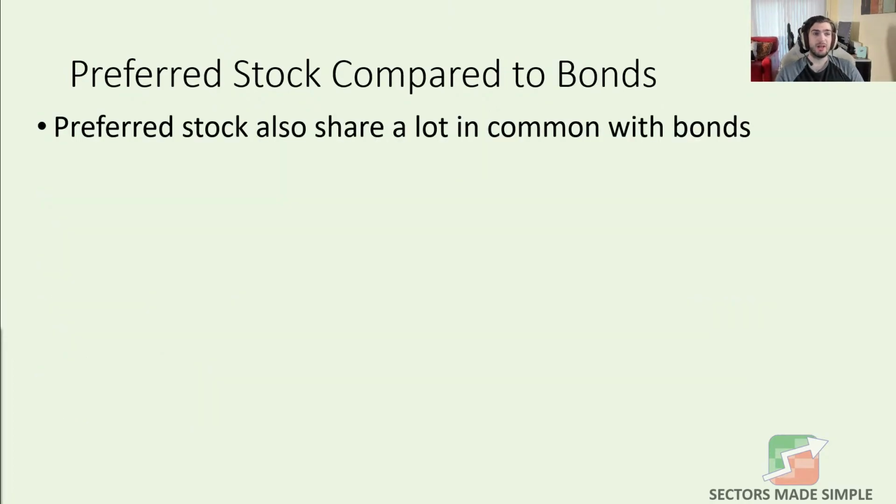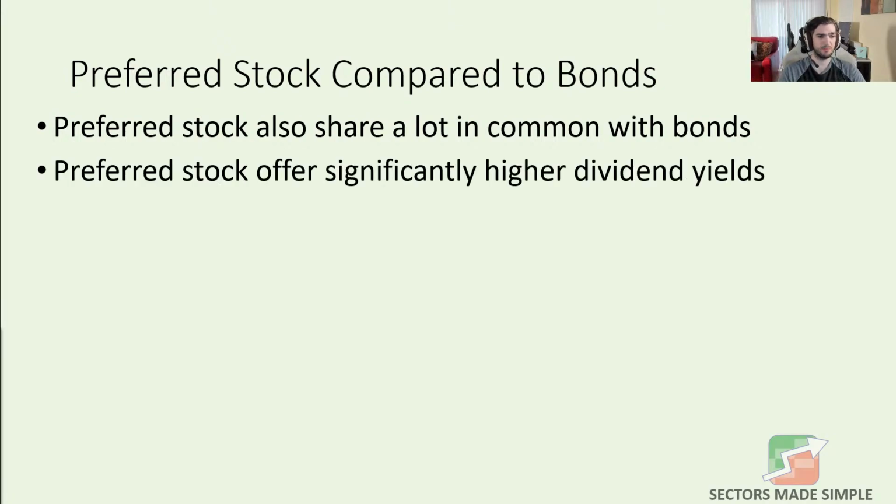And this is where we get into this idea that preferred shares also share a lot in common with other debt securities such as bonds. Preferred stock offers significantly higher dividend yields than you might get through common stock in that company.